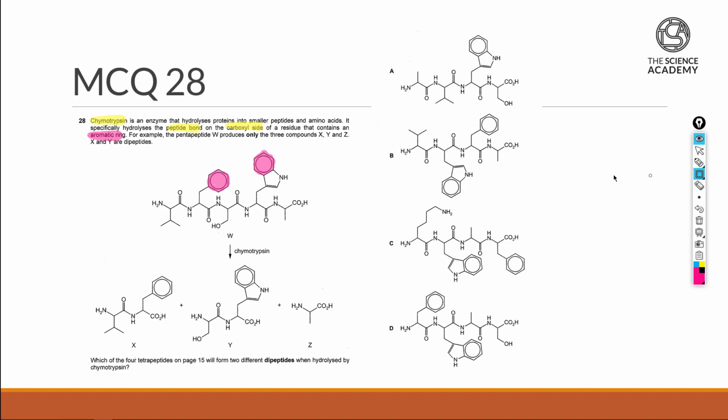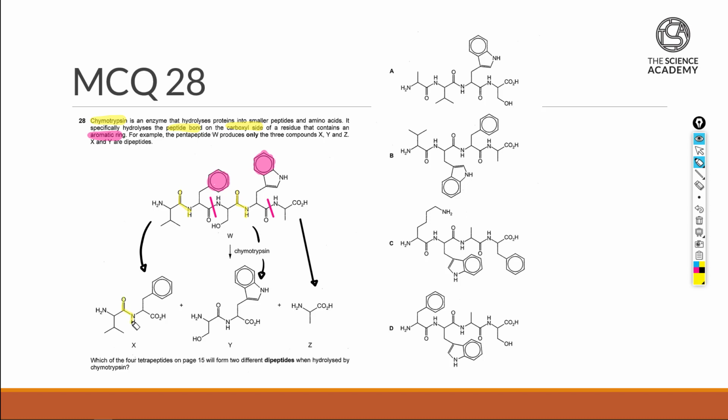So I do have a cleavage over here, and I do have another cleavage over here. So from here, you can see that I'm generating W. I am generating Y. And lastly, I'm generating X. But because for residue X as well as residue Y, you see that there's actually a peptide bond that is left behind.